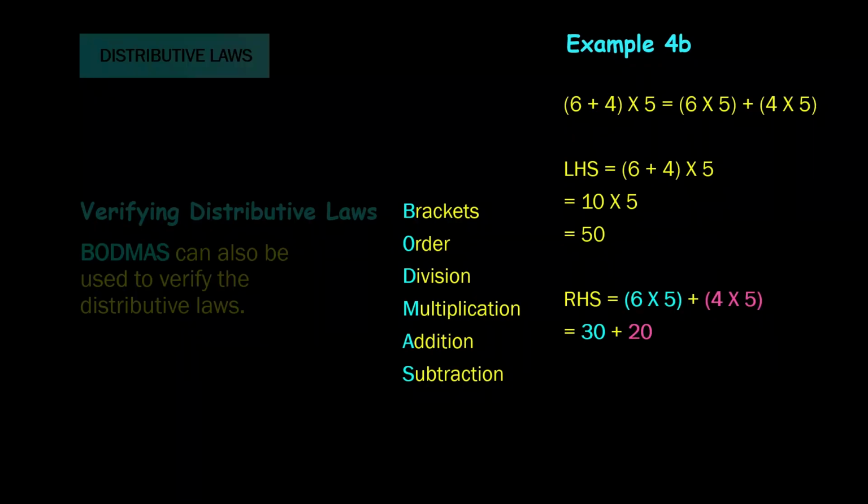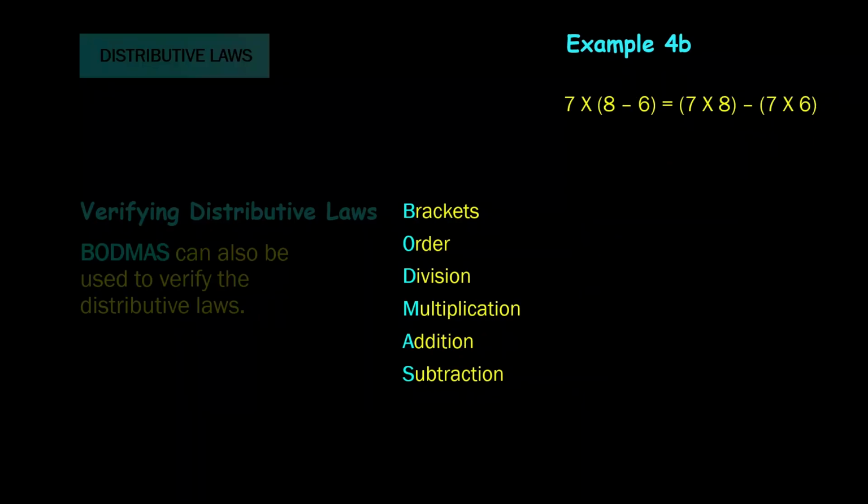In each of the brackets, we only have multiplication. So 6 times 5 is 30, and 4 times 5 is 20. And now let's consider the next step. There is only addition left, 30 plus 20, which is of course 50. So the left-hand side equals the right-hand side equals 50, and the second distributive law holds.